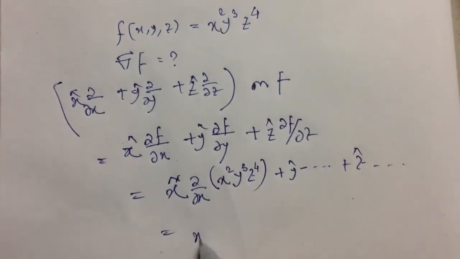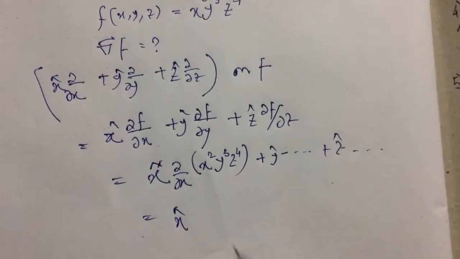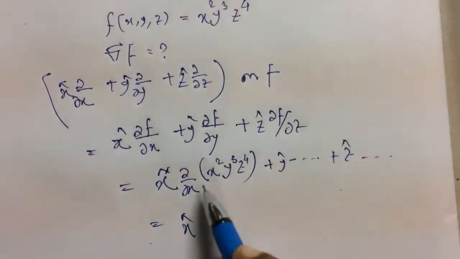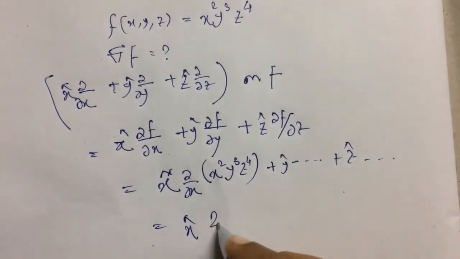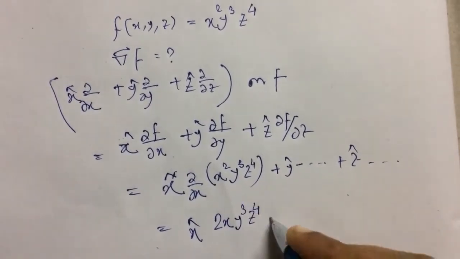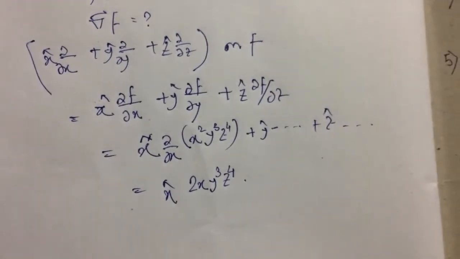So when we are doing del del x on this, it will operate as this is a variable on x, so it will operate only on this portion, not y and z. So it would be 2x. This is a constant for this first term.